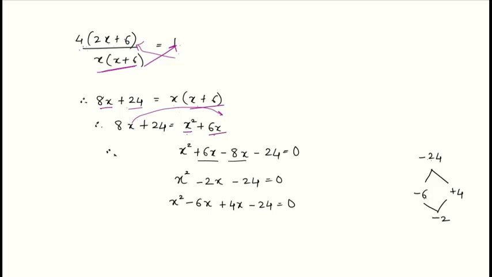Take x as common: x into x minus 6 plus 4 into x minus 6 is equal to 0. Therefore, take the common bracket first: x minus 6 into x plus 4 is equal to 0.